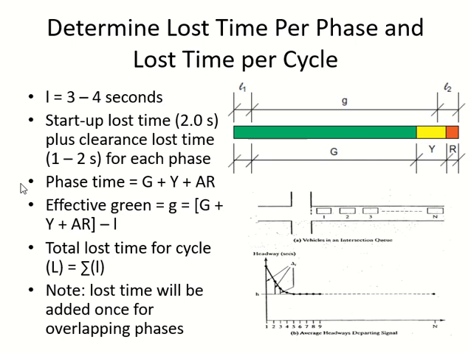Since they are happening together, I will not add this plus this. I will take one of them and just add that one. So for overlapping phases, the loss times become combined. You don't have to add for both the phases. You will take one, and obviously the one which is maximum should be taken.